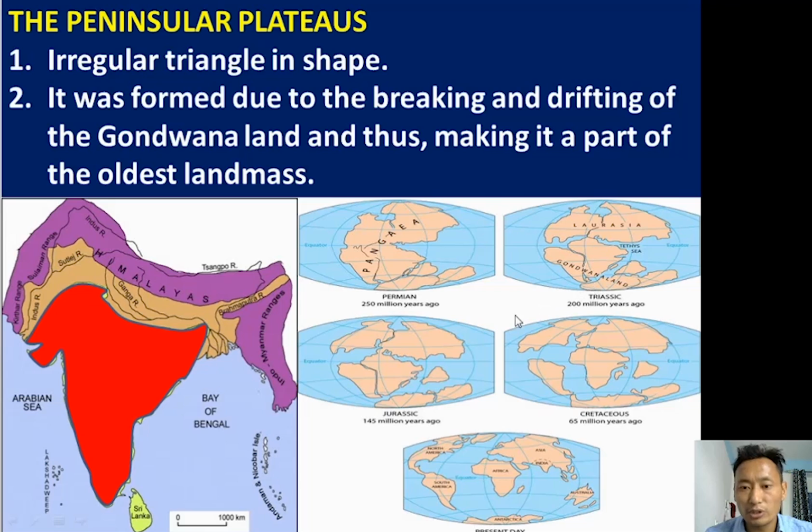If we talk about the peninsular plateau of India, it is a part of Gondwana land. This is the peninsular plateau of India. It drifted or moved towards the Eurasian plate and finally collided with the Eurasian plate.